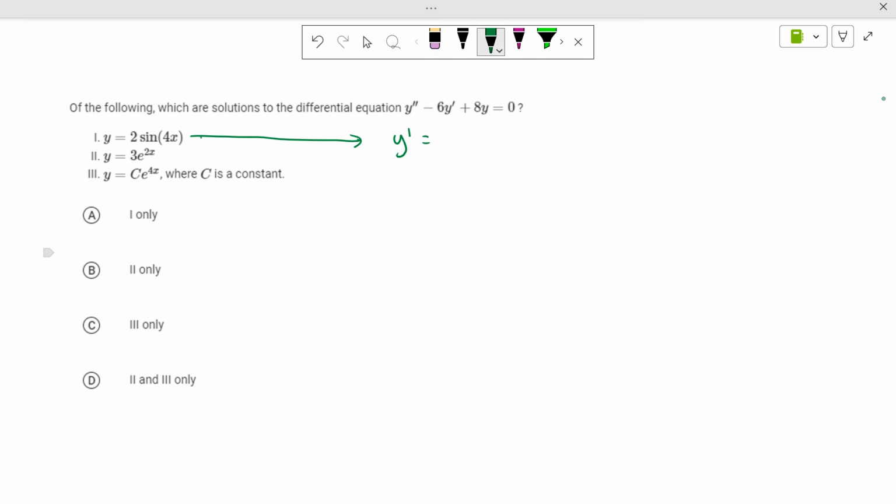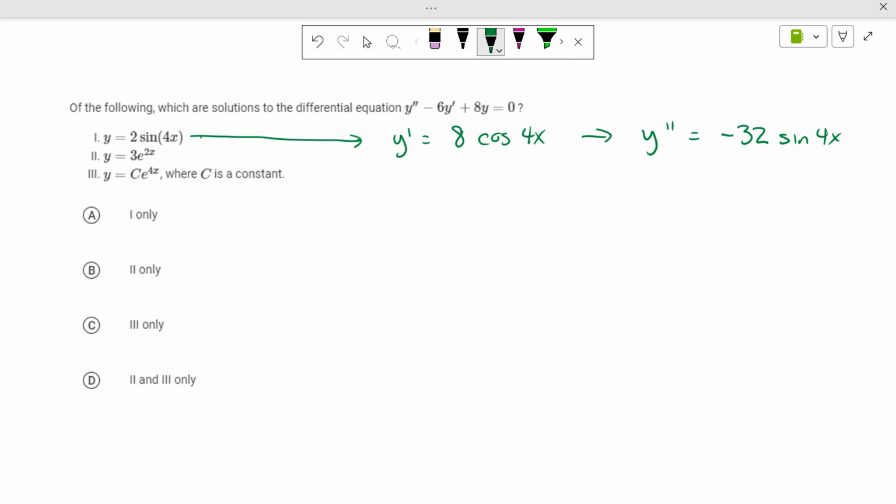What is y prime of this? 8 cosine of 4x. Because it's 2 cosine of 4x times the first derivative of 4x, which is 4. So 4 times 2 is 8. Okay? What is then y double prime of this? Negative 32 sine of 4x.